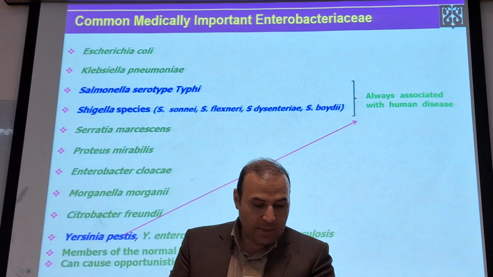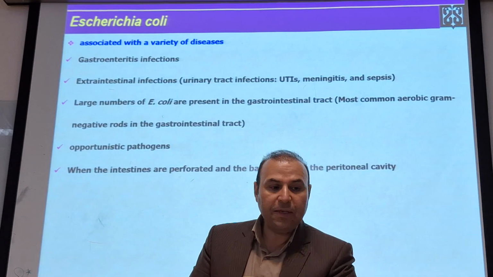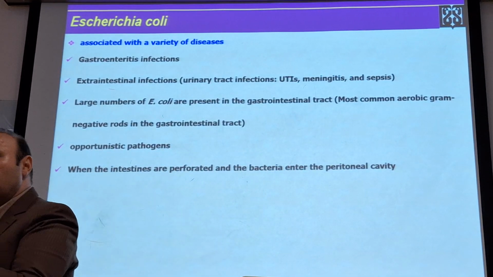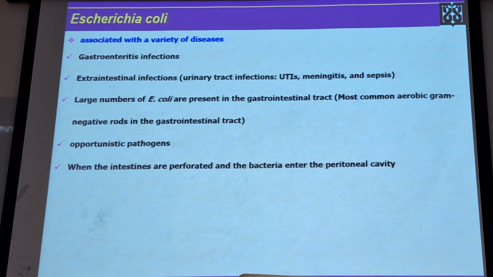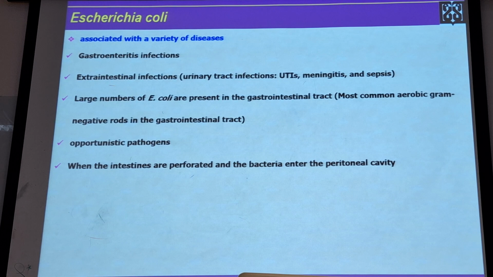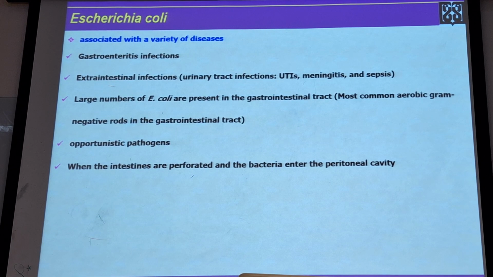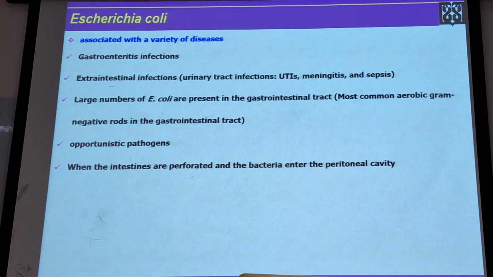The first species that I will talk about is Escherichia coli. Escherichia coli is associated with many diseases, such as gastroenteritis, and extraintestinal infections such as UTI, meningitis, and sepsis.